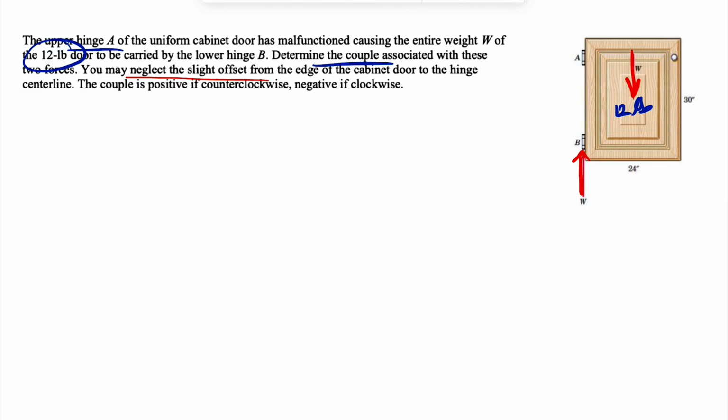So for finding the couple, it's actually pretty easy. We just have to multiply the force by the distance of these two. This is not cross product, it's just a regular product. So basically we have F times R, and we know that our force is basically 12, and the distance that we are interested between these two is the vertical distance between these two, which is what we have in here.